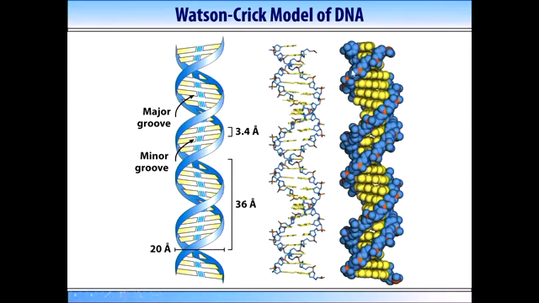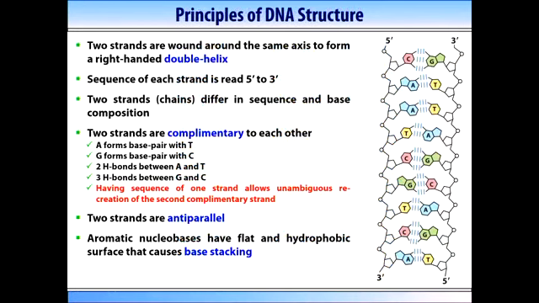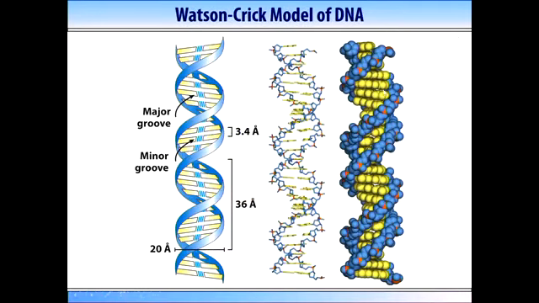Probably the space filling model is a better representation to show you that the phosphates are on the outside. Each of the strands differs in sequence and base composition. Here is a schematic view of this three-dimensional structure.